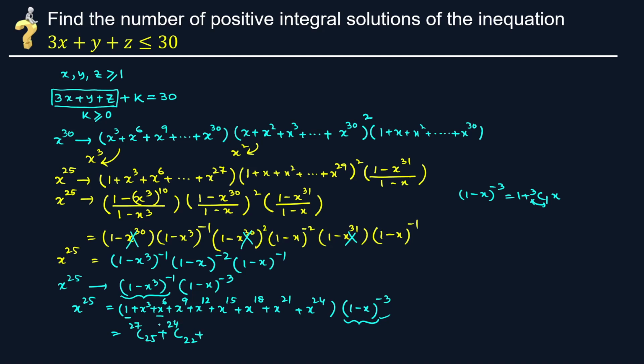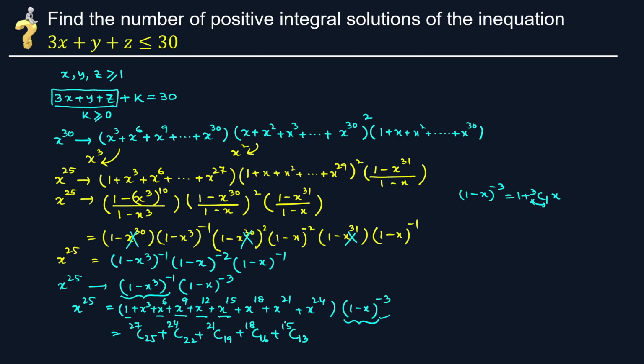Now we are having x to the power 6, so I need x to the power 19 from here. So it will be 21C19. For x to the power 9, we want x to the power 16 from here, so the coefficient will be 18C16. And for x to the power 12, we need x to the power 13 from here, so 15C13.